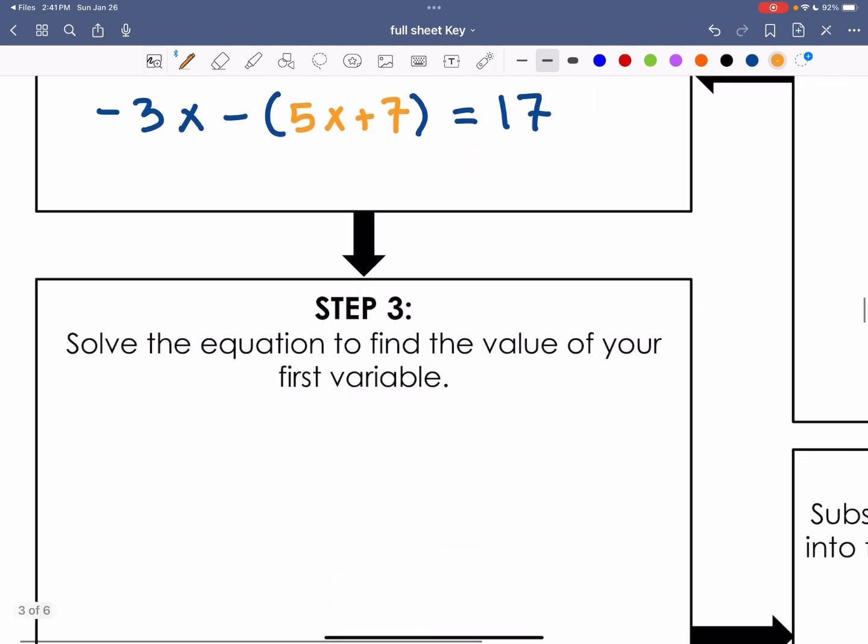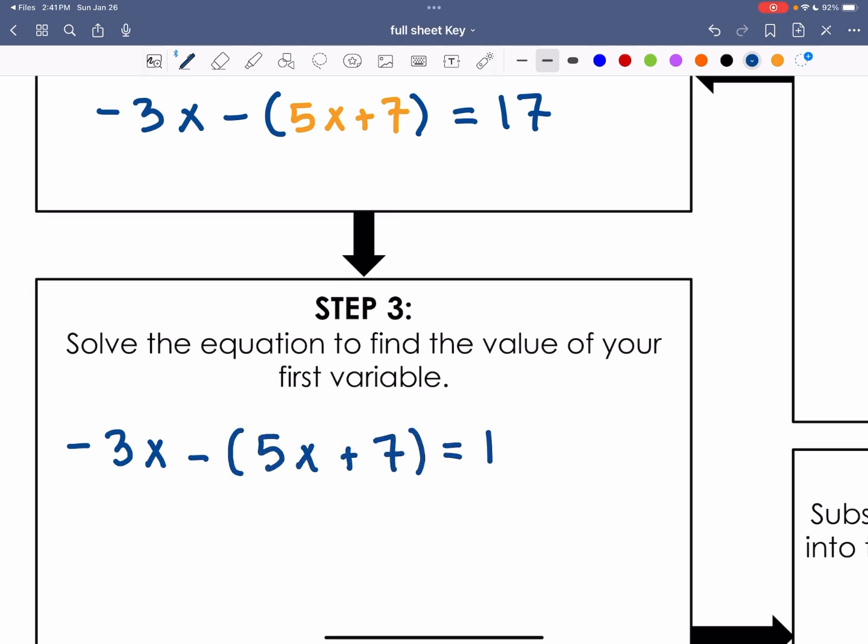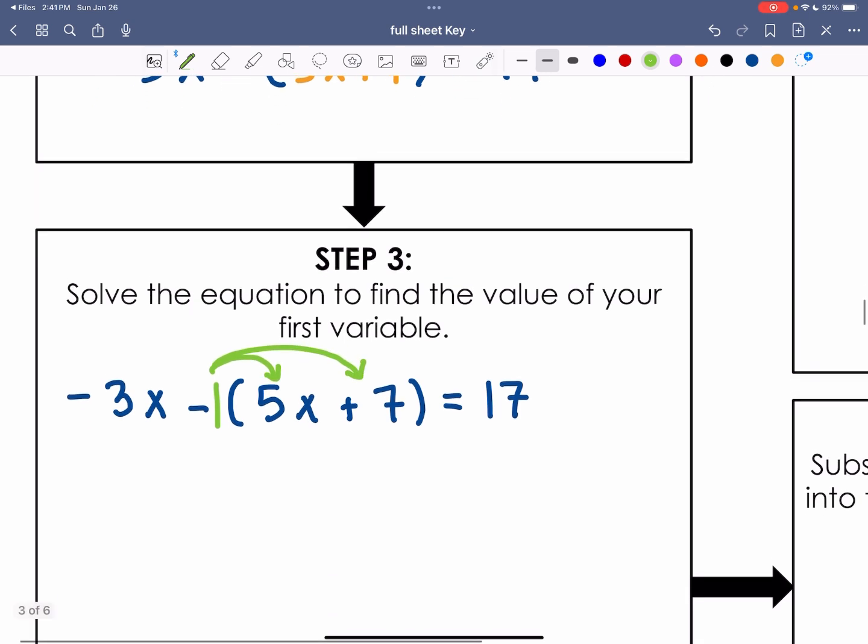Moving to step 3, copy that equation back down, and we are going to solve for x. So before I distribute, I just want to remind you that there really is an invisible negative 1 here that is going to get to distribute to everything in the parentheses.